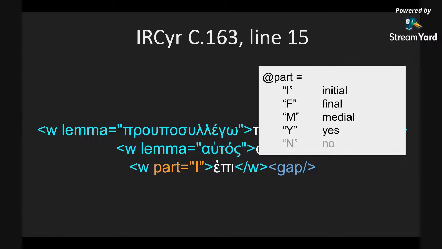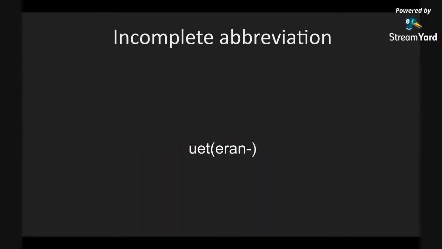We can tell this is not a complete word, but we can tell that the characters here are clearly running together as part of a word. I couldn't swear that they're the beginning of the word or the end of the word or the middle of the word there, but they are clearly not a complete word. So you could just say yes, meaning part, if you're not sure which of the first three to encode it as. That's pretty uncommon, but you could encode that if you wanted to.